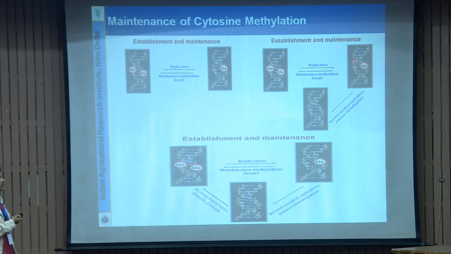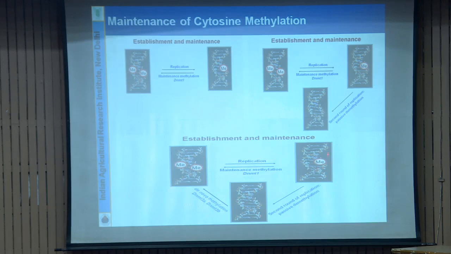One possibility is that when this strand replicates, both the strands do not contain methyl groups, or the methyl group can be removed by demethylases. So this is the case here where the demethylase enzyme has removed the methyl group, or on the second strand also the methyl is again retained. So the methyl is added again. All three possibilities are shown in this figure.